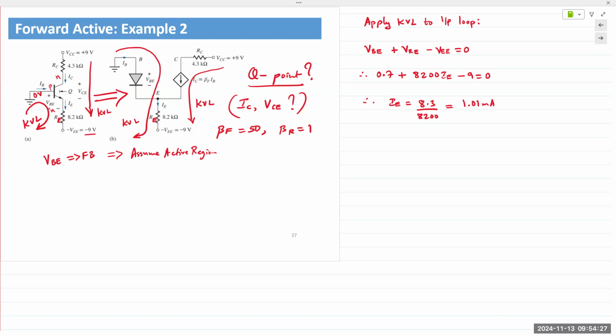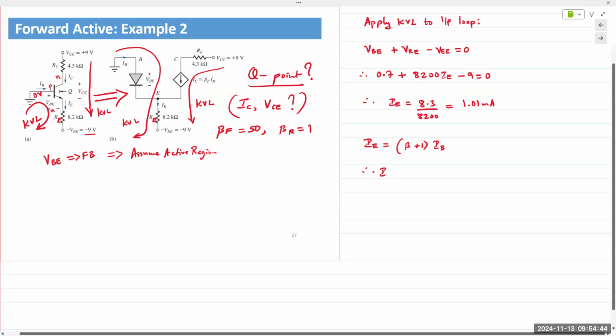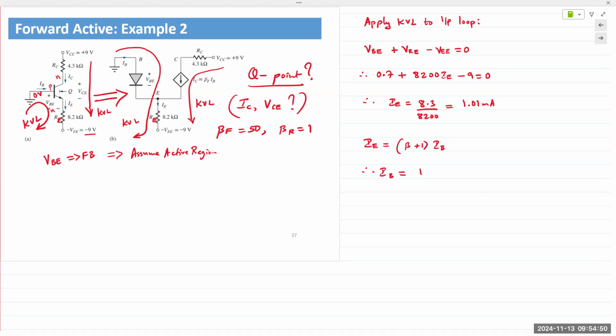If IE is 1.01 milliamps, we can find IB from the equation. Therefore IB is IE, 1.01 times 10 raised to minus 3, divided by 50 plus 1. That gives me 19.8 microamps, 10 raised to minus 6.